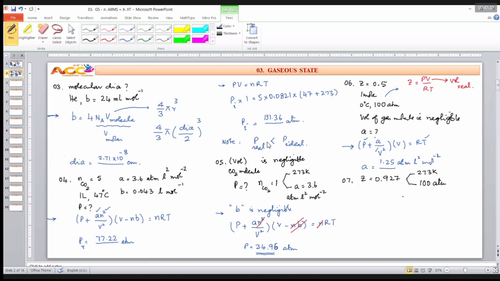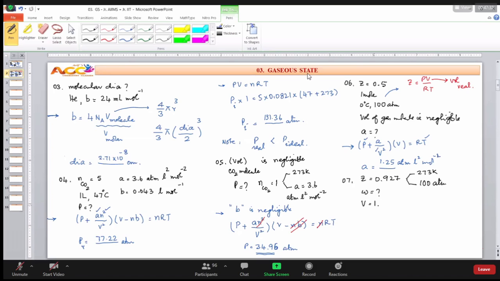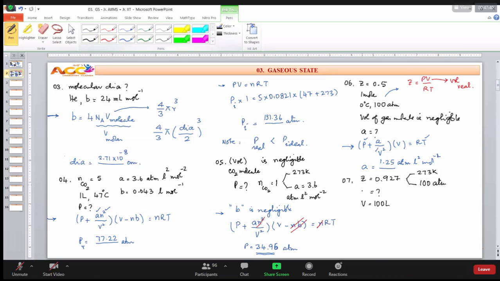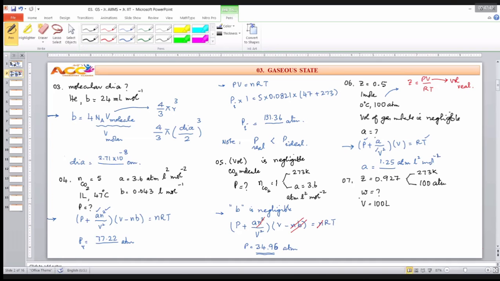Calculate the amount of gas required to fill a cylinder of 100 liters under given conditions. The molar mass of the gas is given as 30. Okay, no problem. Go ahead. How to proceed?